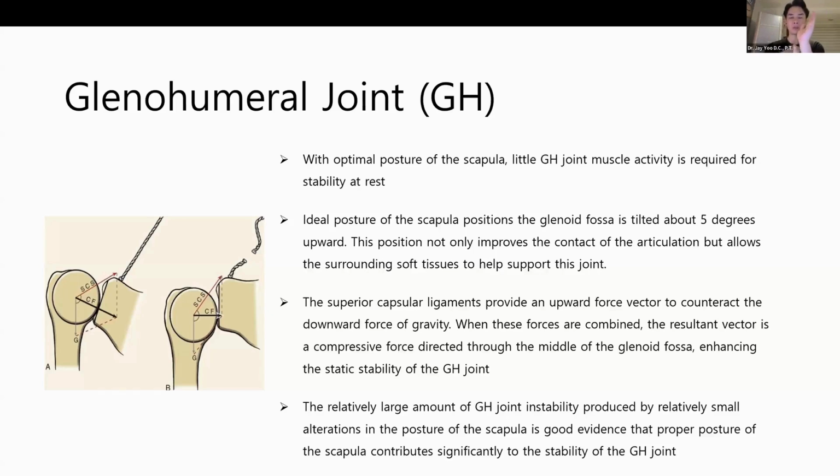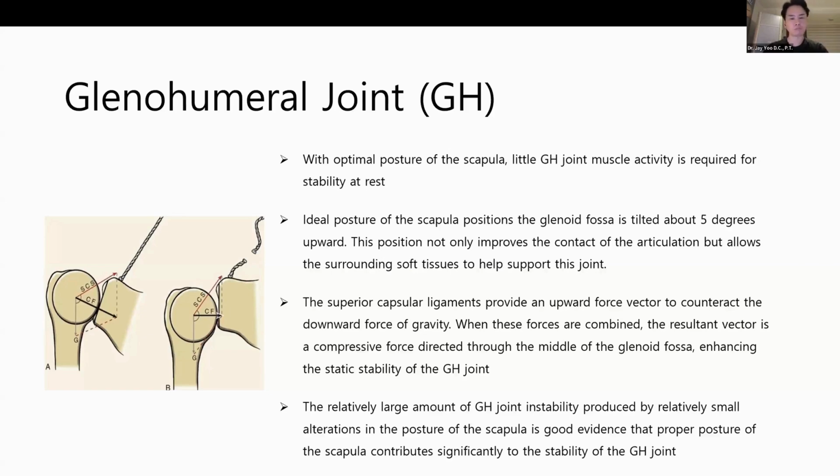The glenoid fossa and humeral head should be like this way, not that way. A relatively large amount of GH joint instability produced by a relatively small alteration in the posture of the scapula is good evidence that the proper posture of the scapula contributes significantly to the stability of the GH joint.